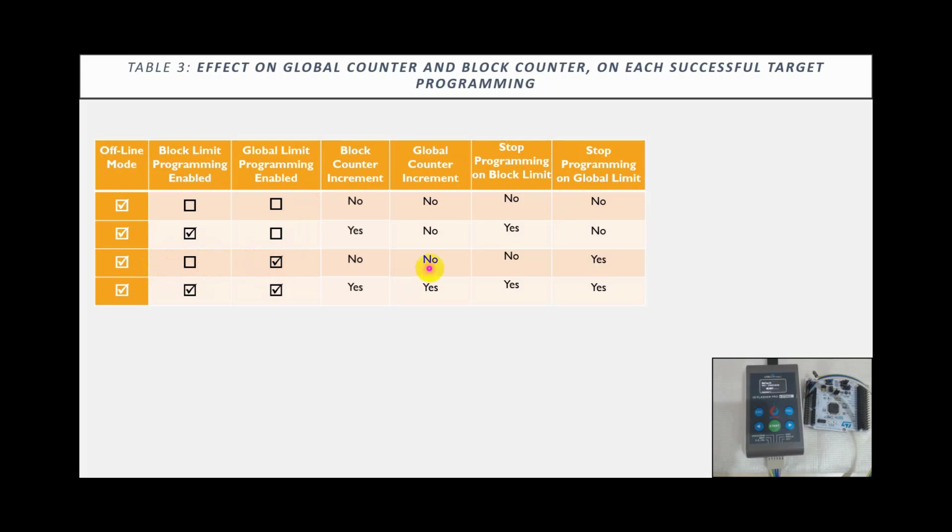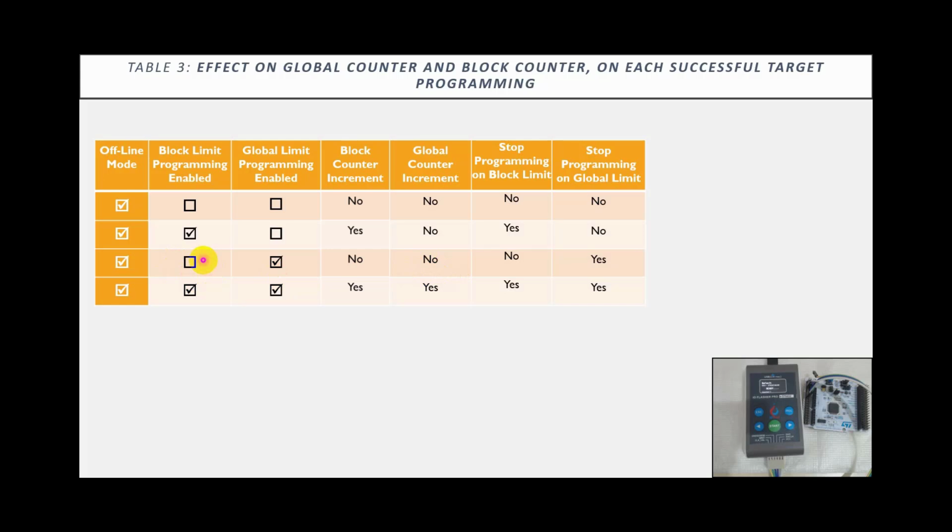In this case, global counter will not increase. And because you haven't enabled the block limit, the block programming will not be limited, but global counter limit will work based on the counter of other blocks. This will not be adding the block counter of this block as the limit programming is disabled for that block.